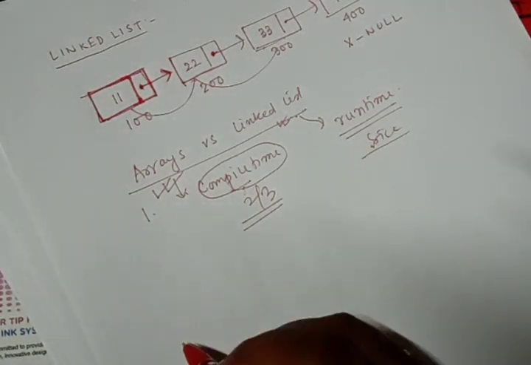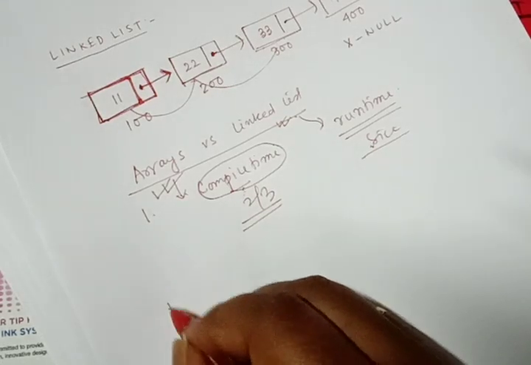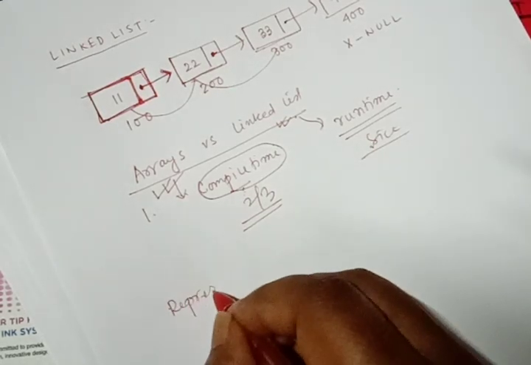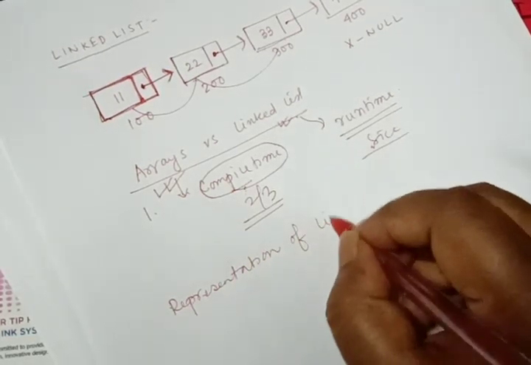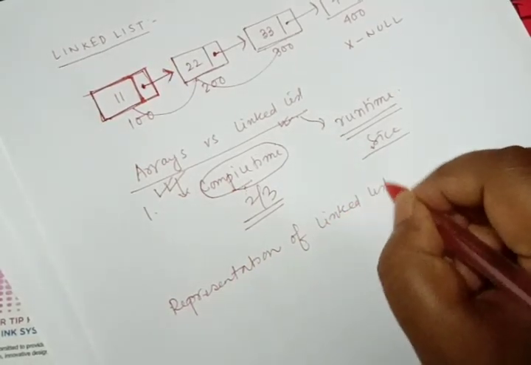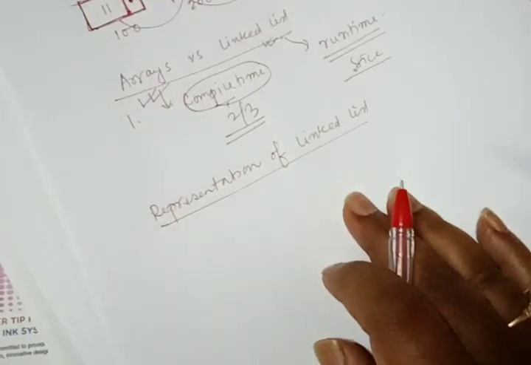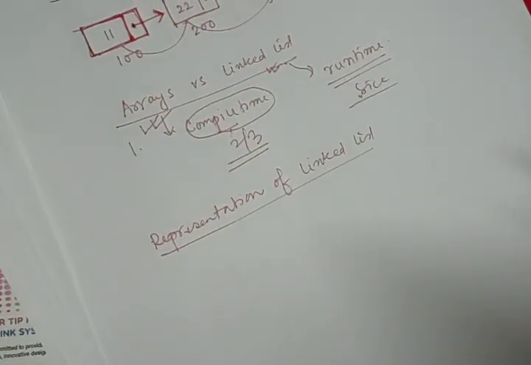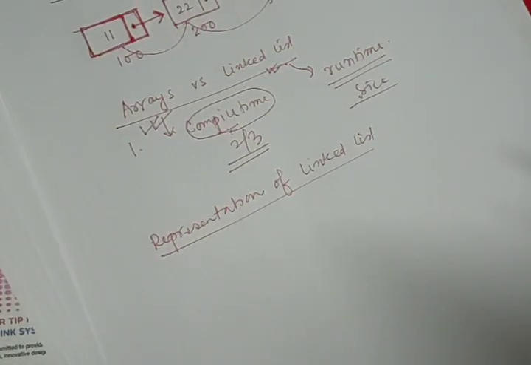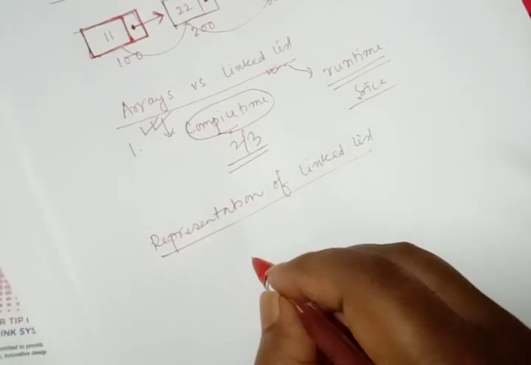Now, how do you represent a linked list in computer memory? The representation of a linked list in computer memory is done using two arrays.